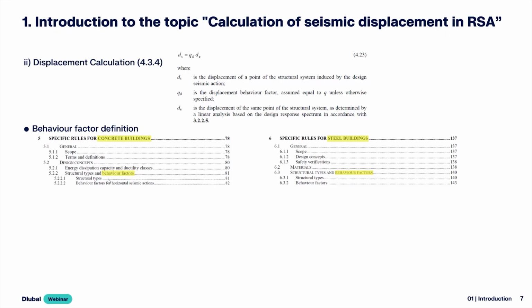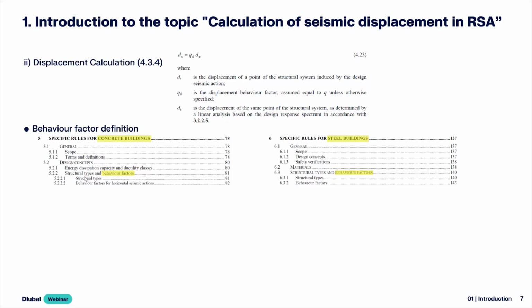We see that the behavior factor is provided inside these chapters, and it's also introduced with the concept structural types and behavior factors. So we'll see a dependency on the material, but also on the structural type.